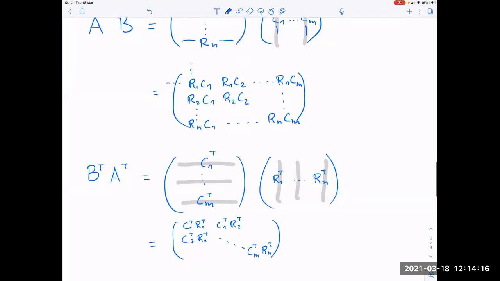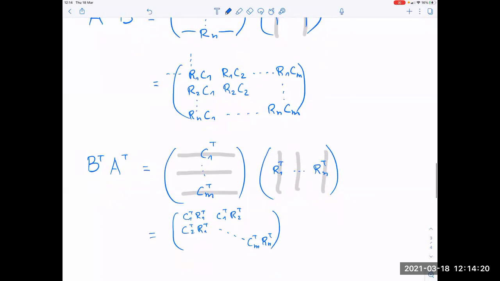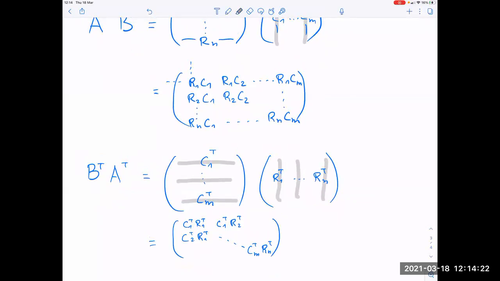Okay. And so what do we do at this point? Well, we have to compare these two objects. And what I want to see is that the transposition of one gives me the other.